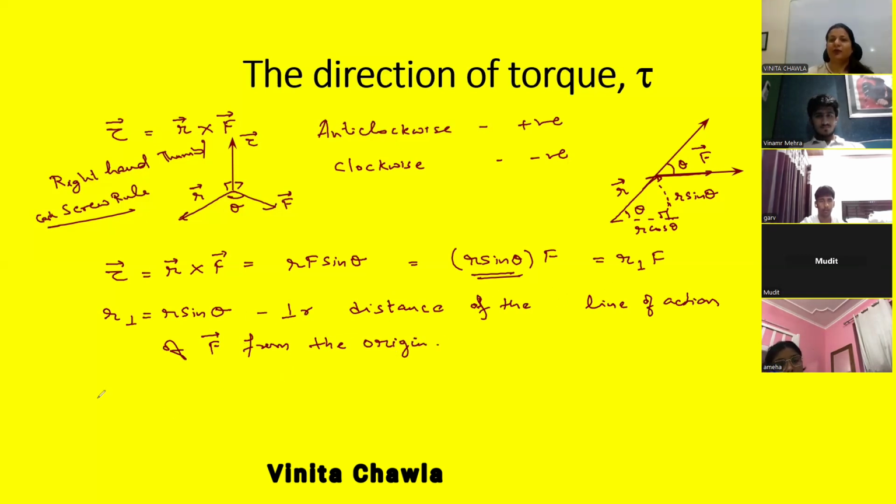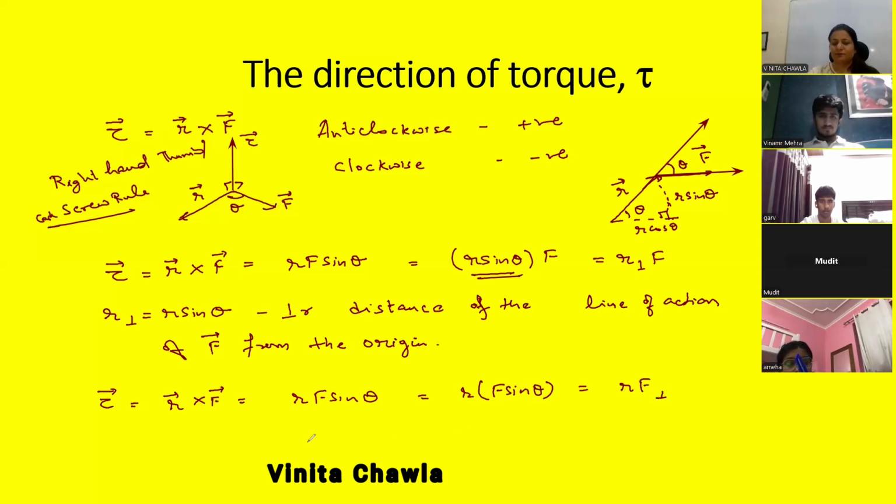और we can also write, देखो हम अगर ऐसे लिख सकते हैं तो दूसरी तरह क्यों नहीं लिख सकते? बिल्कुल लिख सकते हैं. We can write R cross F as RF sin theta, or we can write this as R into F sin theta. F sin theta is F perpendicular, the component of force. ठीक है? So what is this F perpendicular?